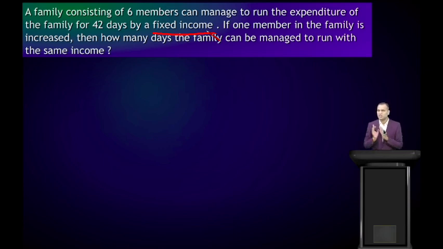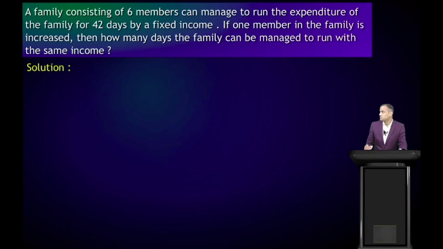Okay, so if you have to check whether it is inverse or direct proportion, you just have to check that there is a fixed word given here. So here it is given fixed income. If one member in the family is increased, then how many days can the family be managed to run with the same income? Okay, again with the same income.